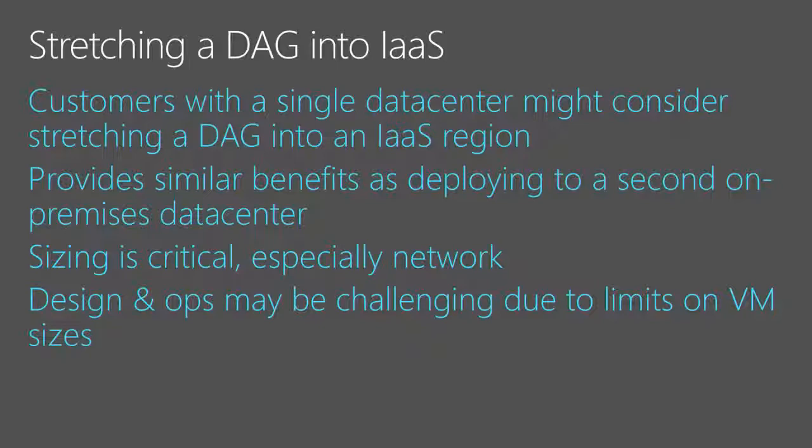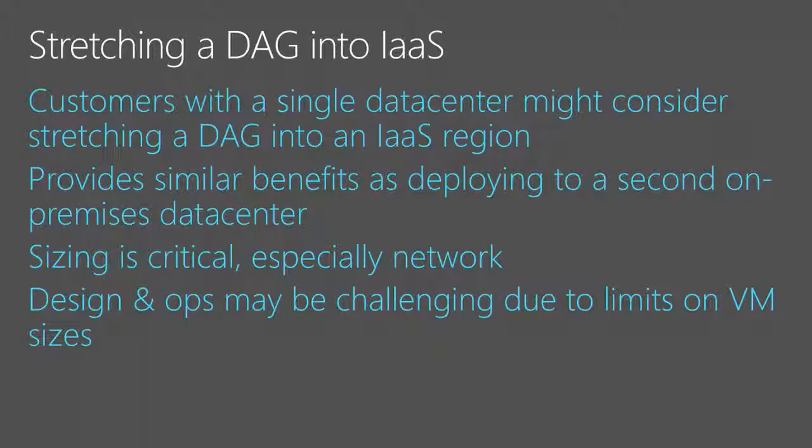Some customers are going to want to take their DAG and stretch it into IaaS just because they can. It will give you similar benefits to deploying to a second data center, except that you will have largely a lot less control over those bits than you would your own physical location. Sizing is going to be very important, especially for the network, because now we're constantly replicating to the cloud.